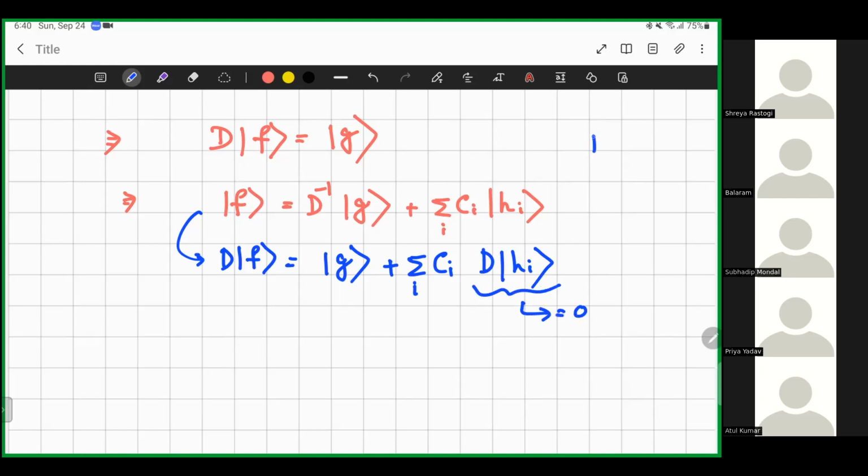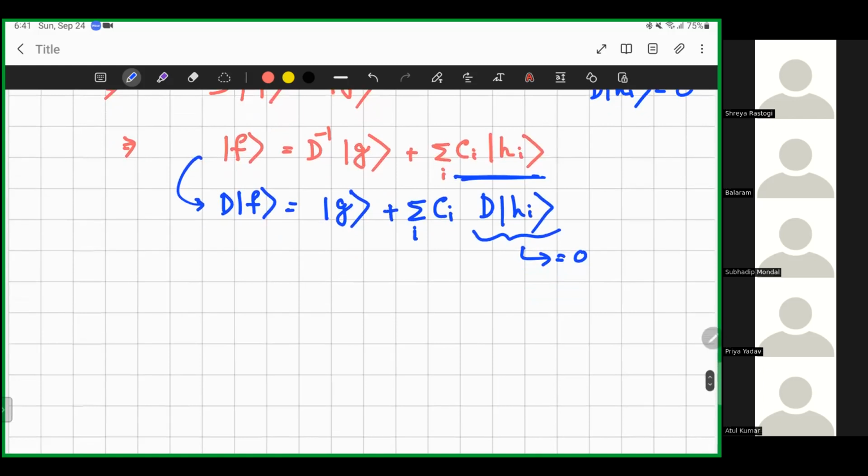So here D|h_i> is 0. If D of h_i is 0, then we can add this term here. This is the general form actually. This means h_i linearly depends on x, we can say like this. Then we will have D of h_i is 0. Let me write the exact term here.